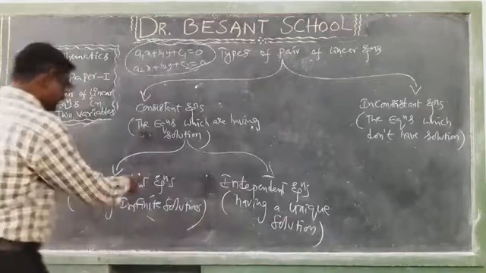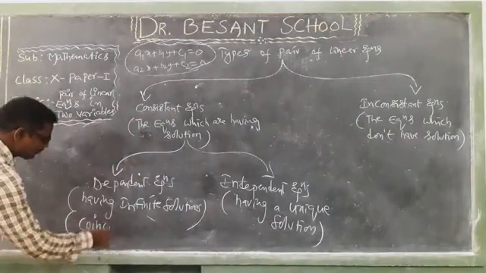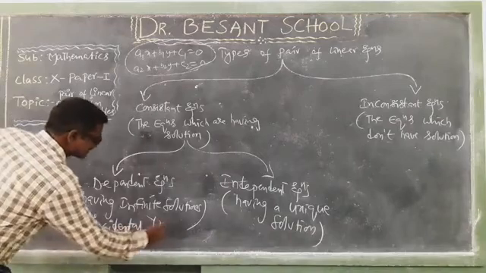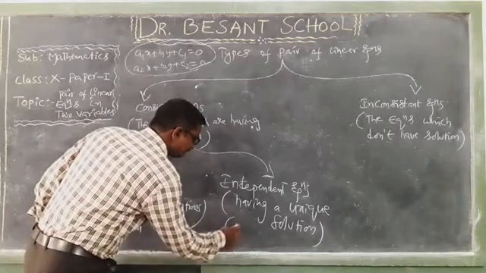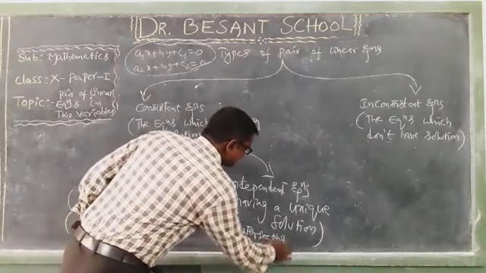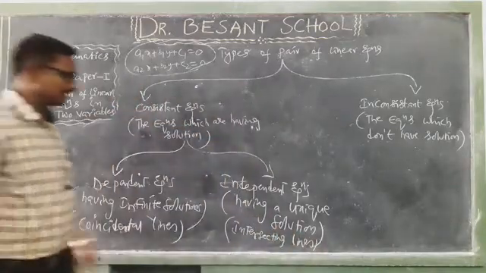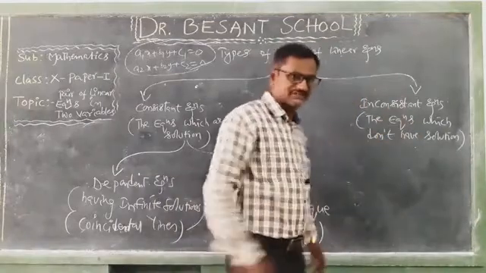Okay, children? These are also called coincidental lines. These are called intersecting lines. Equations which do not have a solution are called inconsistent equations.